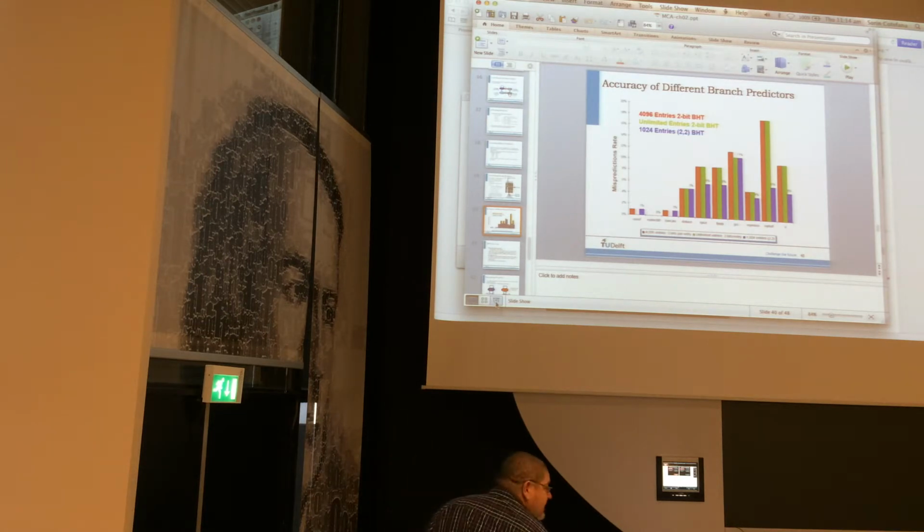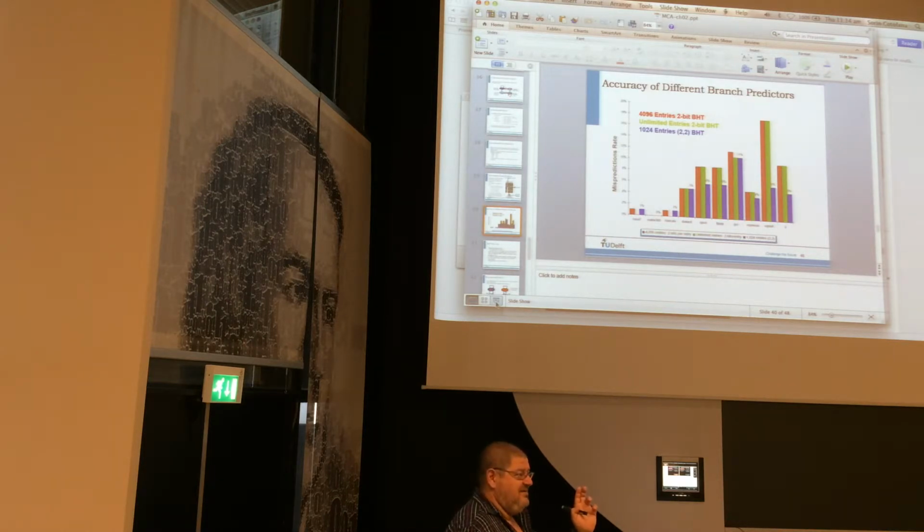I have a question regarding this graph. Which one? The 2,2 is the tournament thing, right? No, that's the local-global combination. The one which has 2 bits to predict the local branch, and 2 other bits to see how the previous branches are behaving. Wasn't that the tournament?